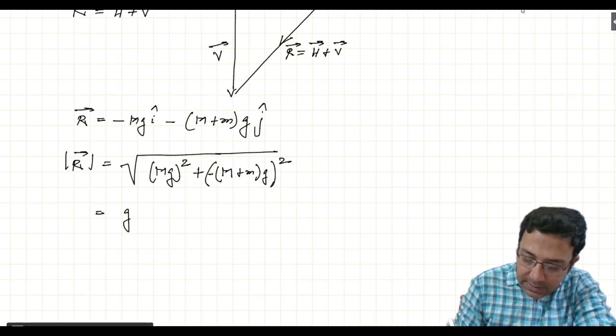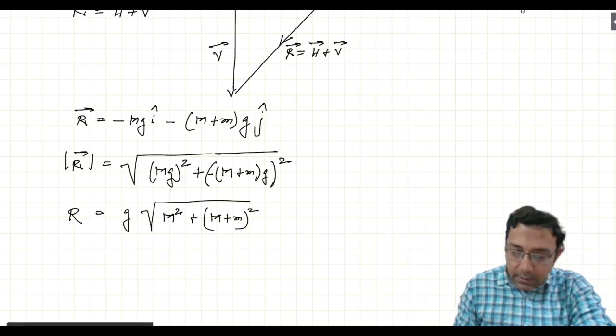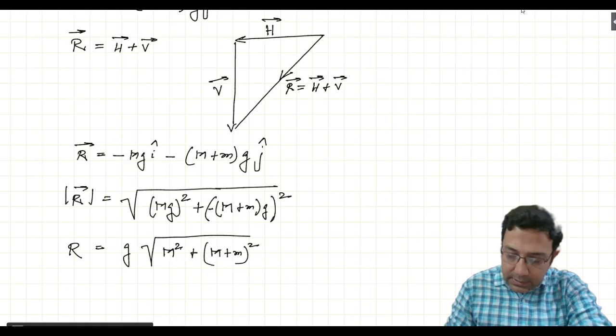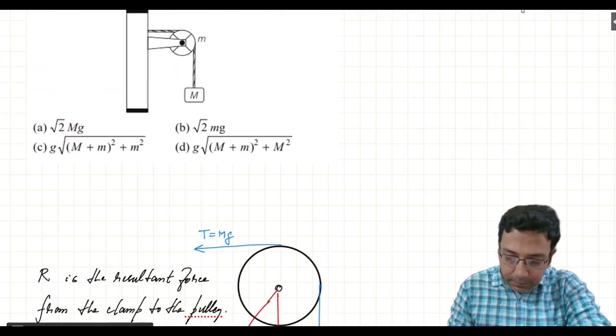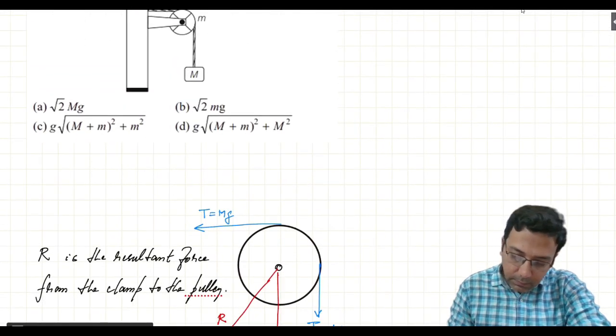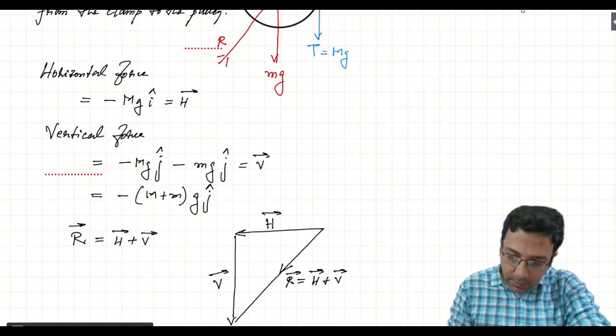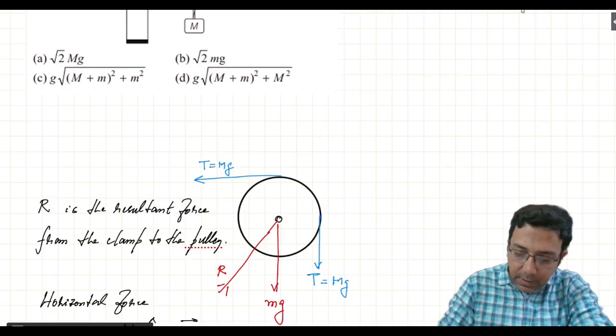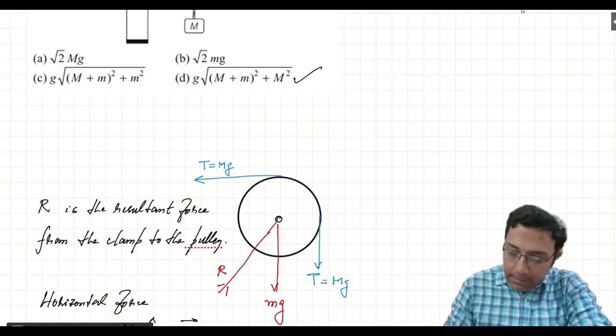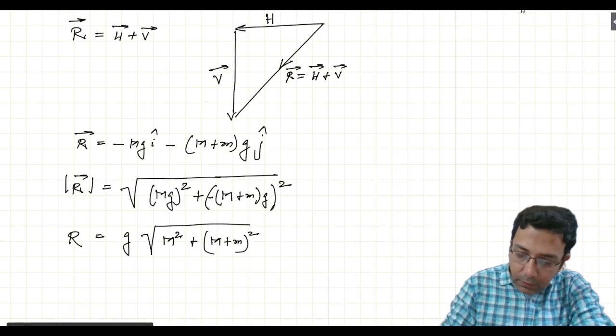Let me take g out, so this becomes g times the square root of m square plus (m plus M) whole square. Which answer is it matching with? Okay, this is number 4.